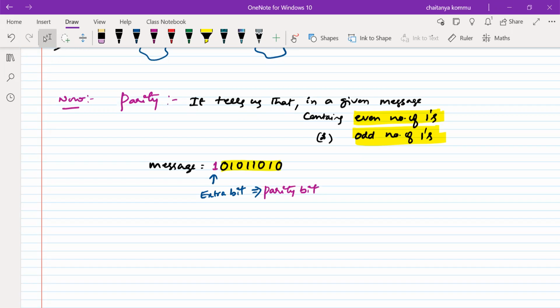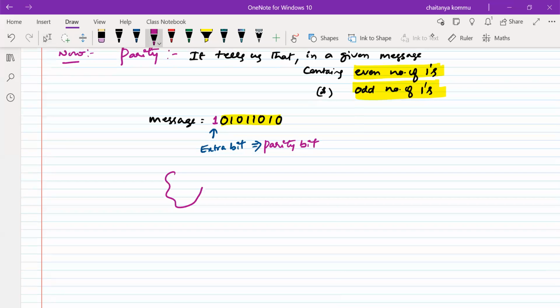Let me know what kind of information you have got, so that the sender will send good information again to the receiver. If we get the required parity, then the message is received correctly.